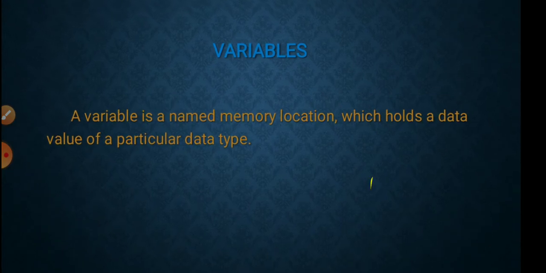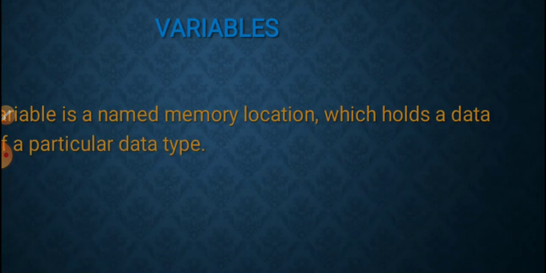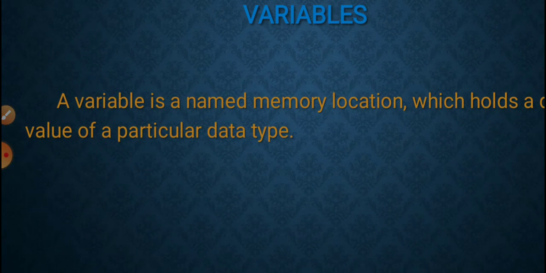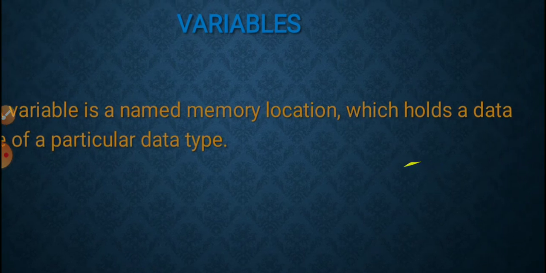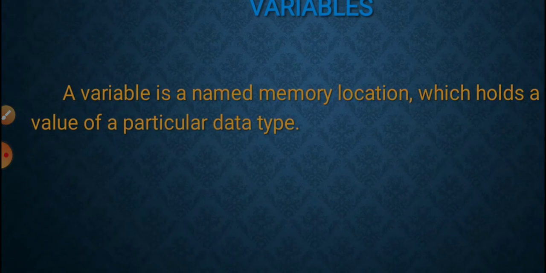Next we will discuss variables. Here the variable is a named memory location which holds a data value of a particular data type. Each and every piece of data is stored in memory. To retrieve the data, we have to specify the name of the location in which the data is stored.